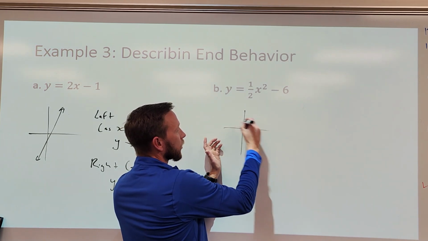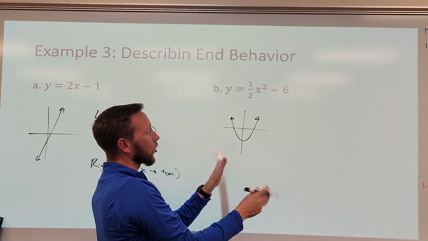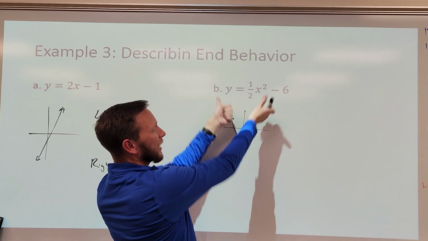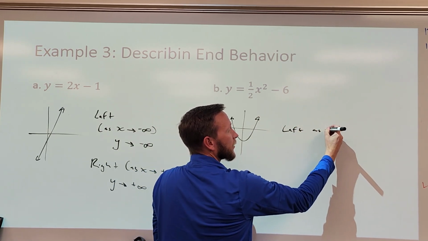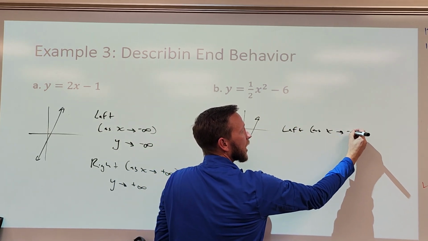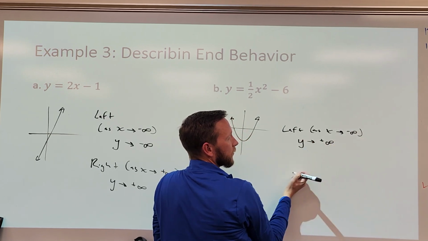We know what that's going to look like. It's going to look like this picture, maybe a little widened out. We've drafted these already. This is just a sketch, but we can see what's happening at the end. To the left, again, as x approaches negative infinity, we're going to say y approaches positive infinity.